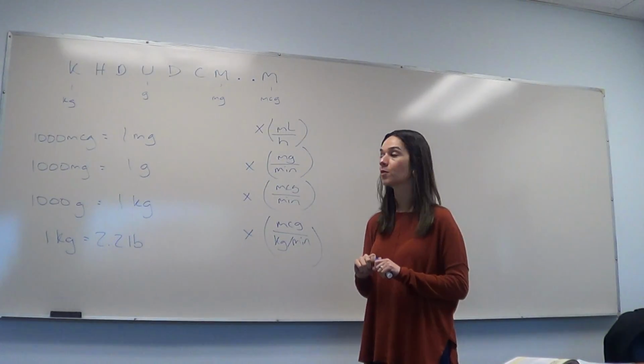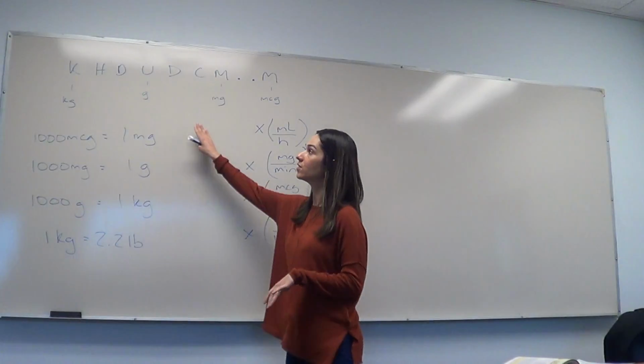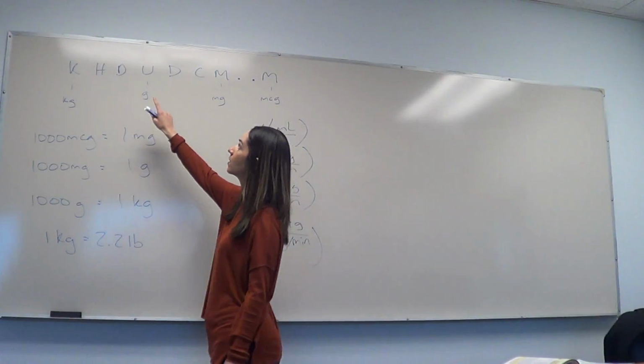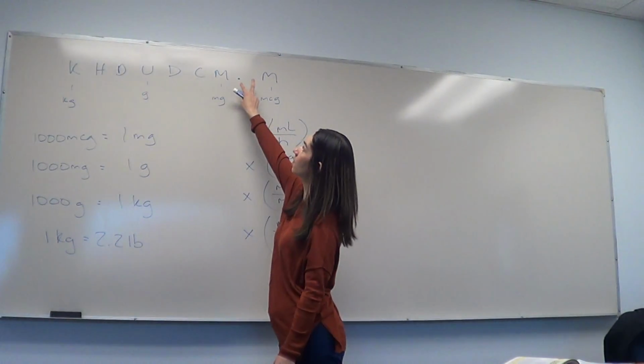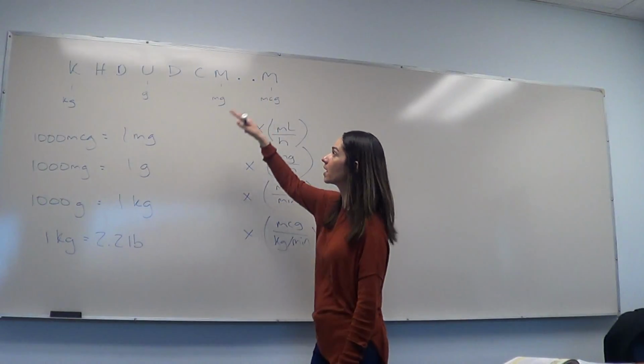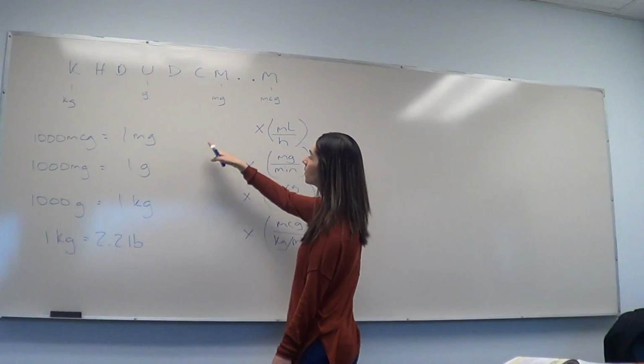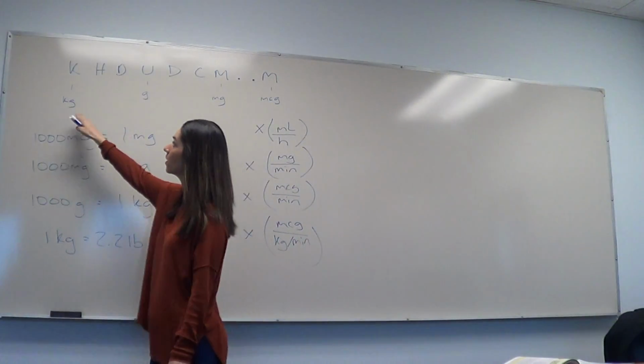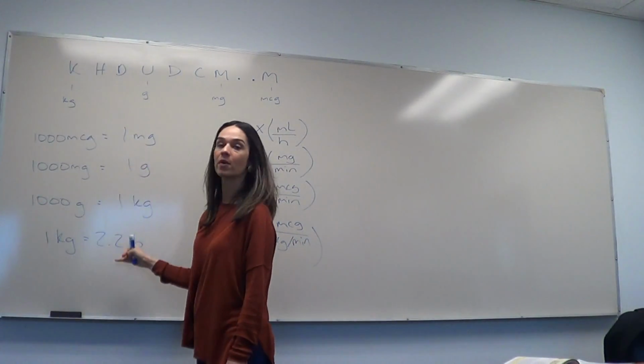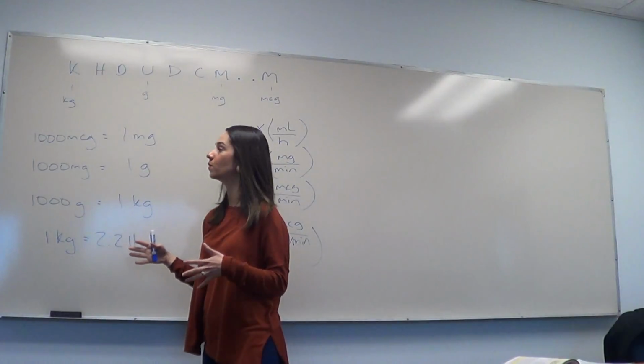For you all to perform critical care drips, you need to understand your King Henry Doesn't Usually Drink Chocolate Milk. Don't forget the mu, because we need to know how to convert, for instance, grams to micrograms, or maybe convert milligrams to kilograms. Or you could have memorized your chart, whichever way you want to do it.